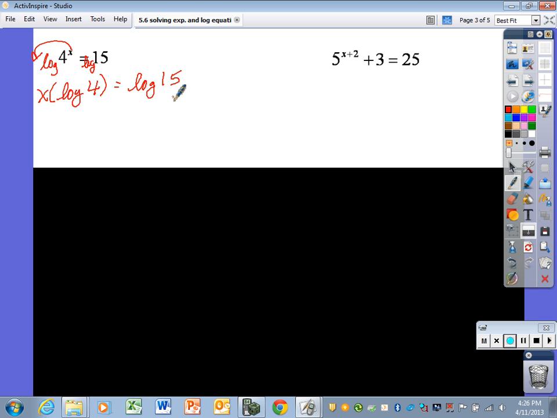To solve for x, I divide by log 4. So, algebraically, it is log 15 divided by log 4. Now you can punch your calculator. And you get approximately 1.95.